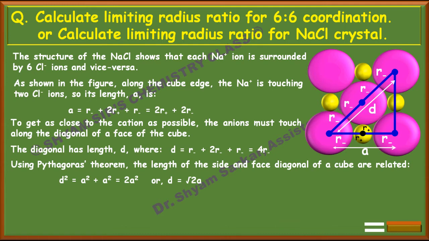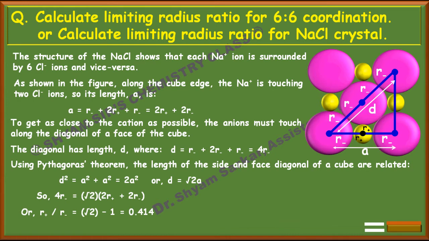Okay, so we know that d equal to 4r minus. So if you correlate these two equations, we will get 4r minus equal to root 2 into r plus 2 into r minus. Now if you calculate the radius ratio, that means r plus by r minus becomes root 2 minus 1, and root 2 we know is 1.414 minus 1, that is 0.414.